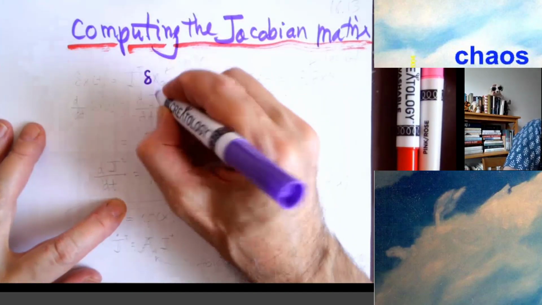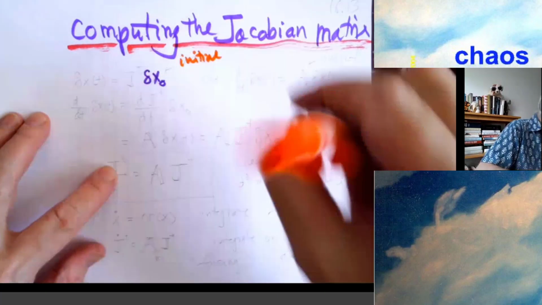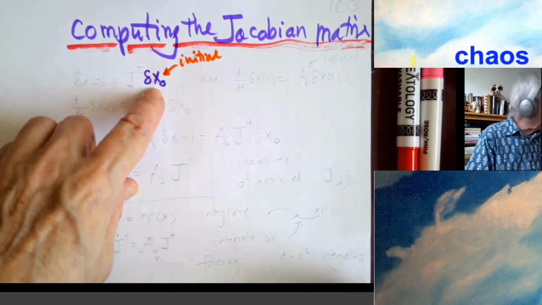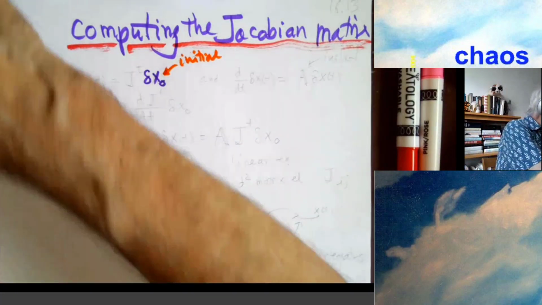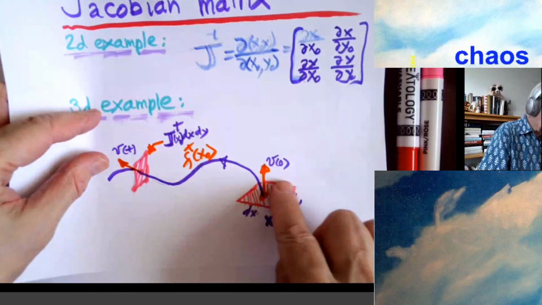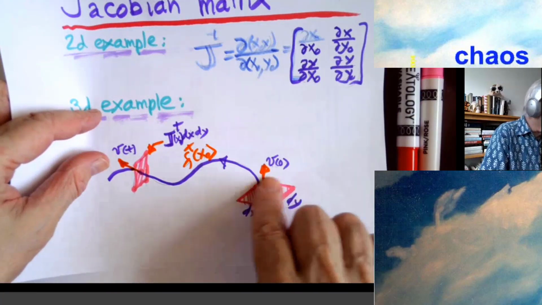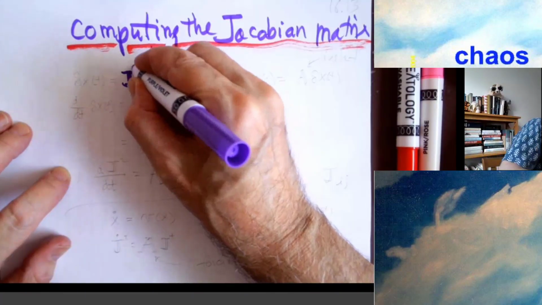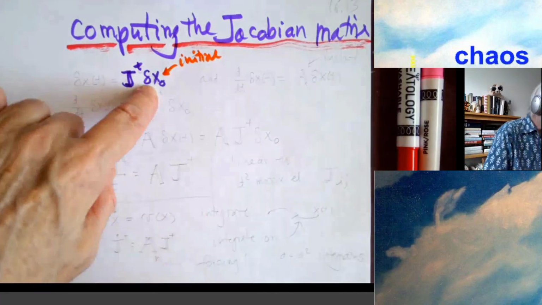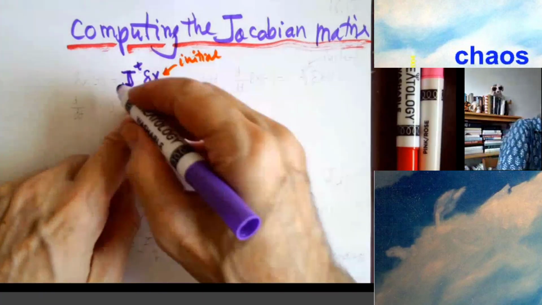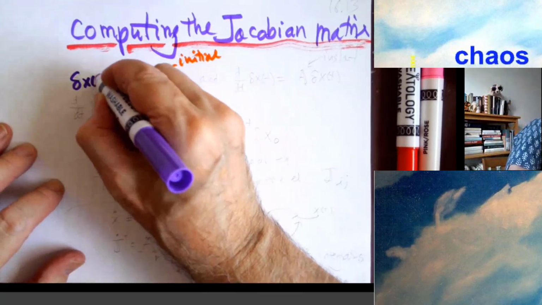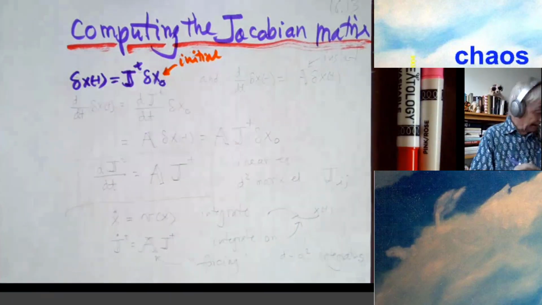So formulas say, if I had an initial neighbor, but I keep my card open so the neighbor can be chosen any place in this little local linear patch. Then what this Jacobian matrix evaluated time t later does, it just multiplies it. This is a vector times that. I get the distance time t later.